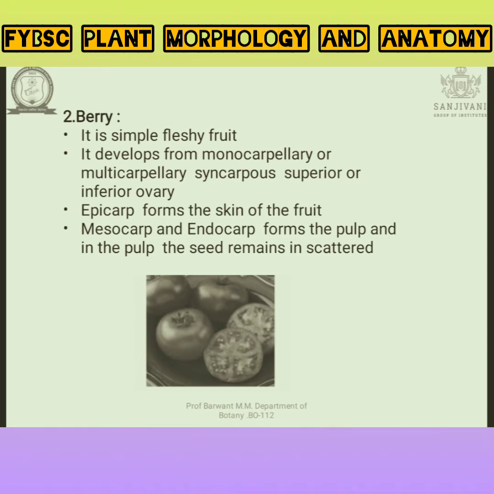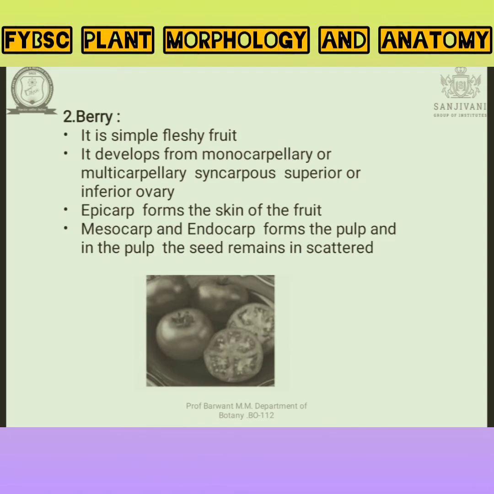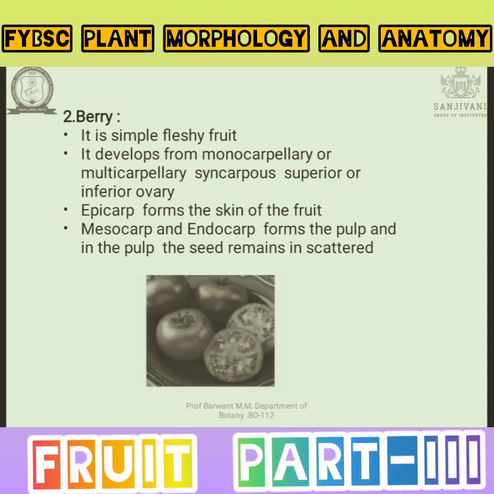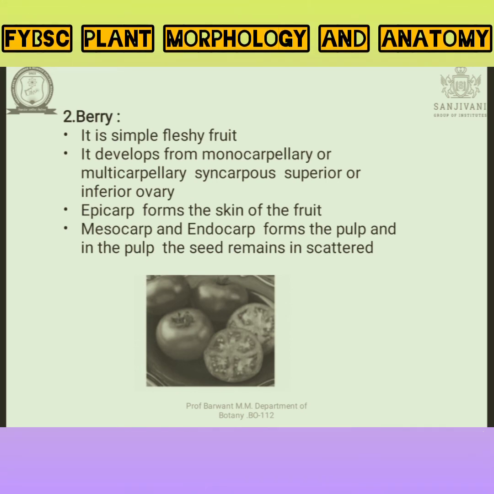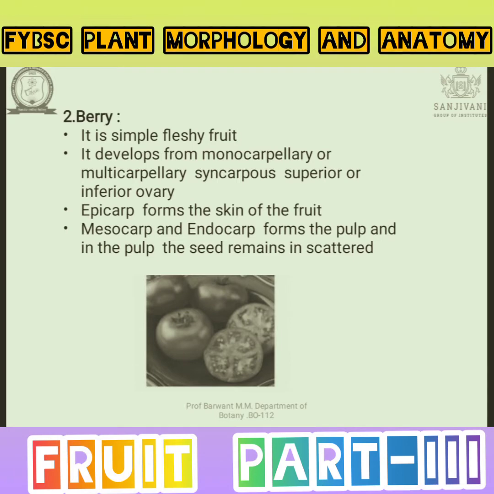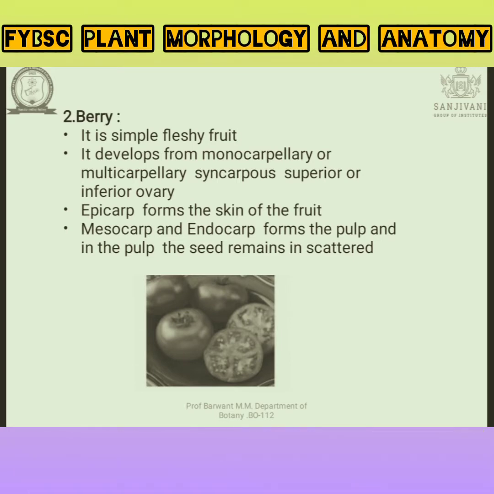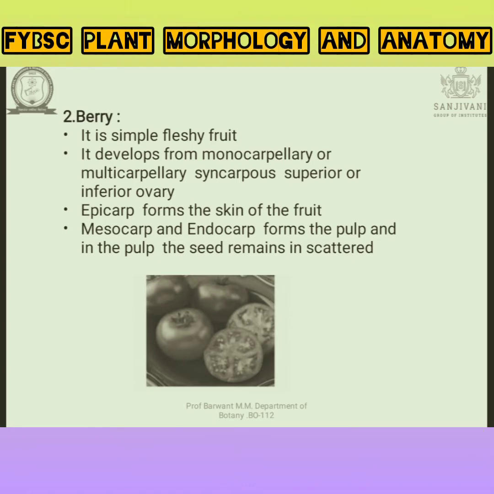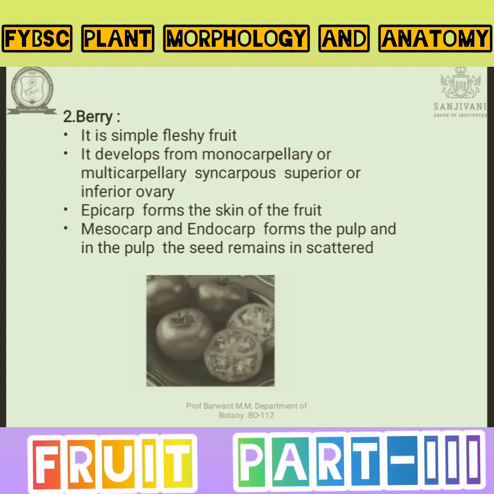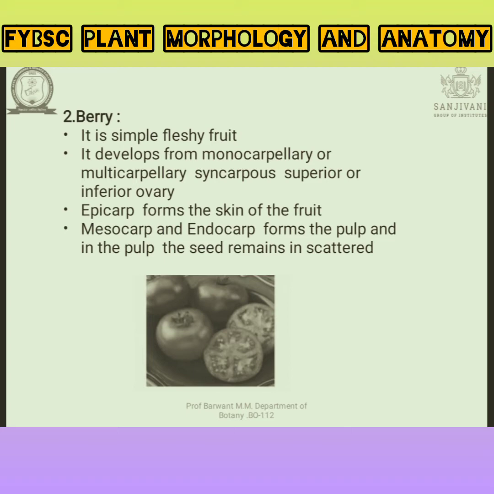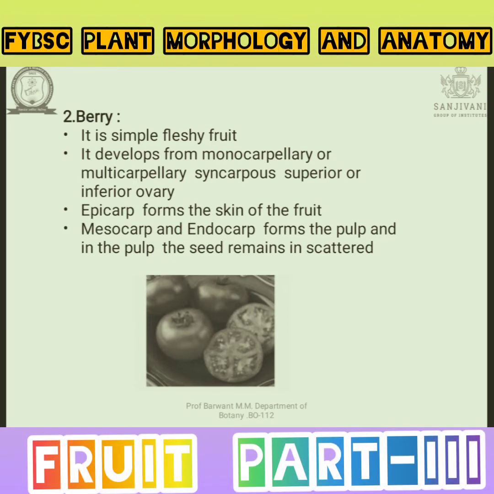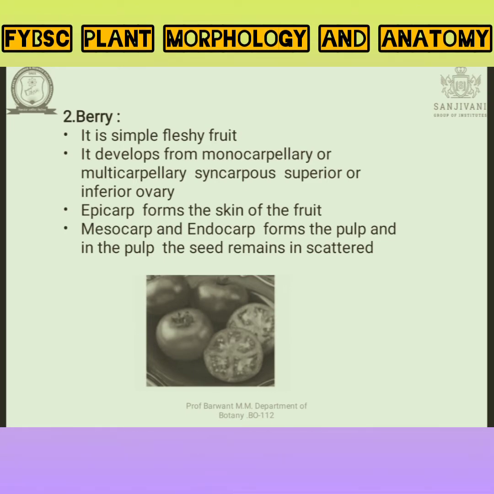It develops from a monocarpellary, multicarpellary, syncarpous, superior or inferior ovary. Epicarp forms the skin of the fruit. Mesocarp and endocarp form the pulp, and the seeds remain scattered or distributed in that mesocarp. Those are the characteristics of a berry fruit.